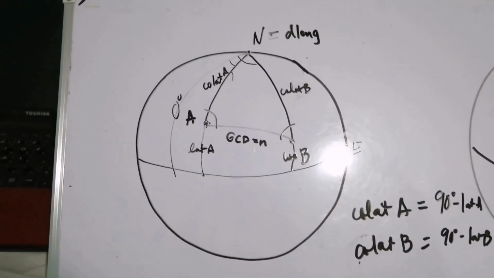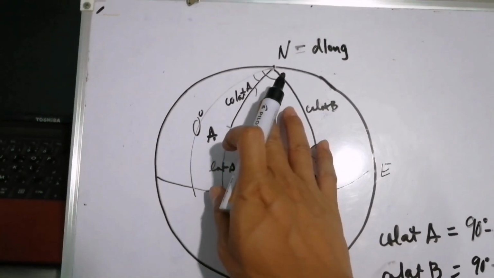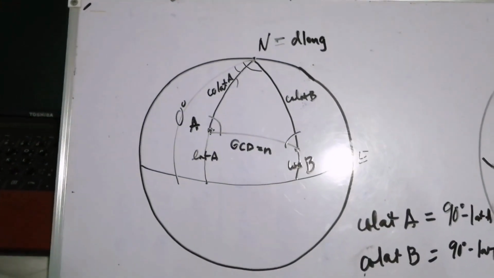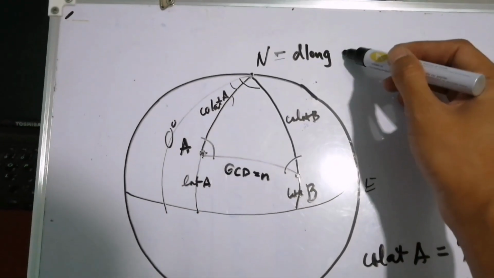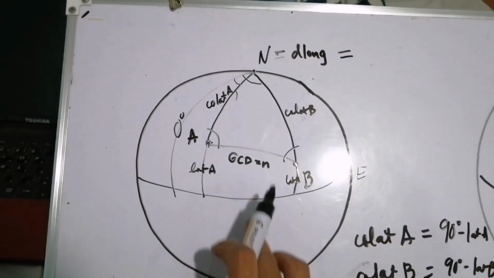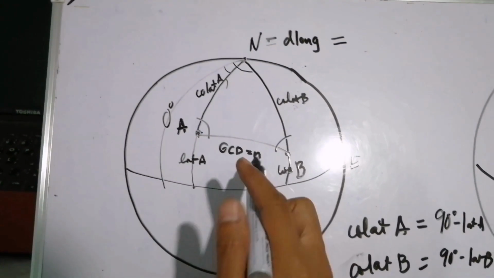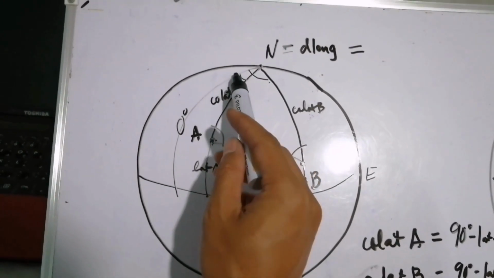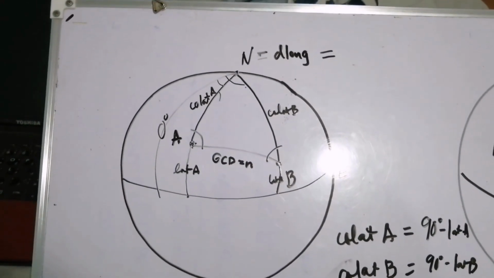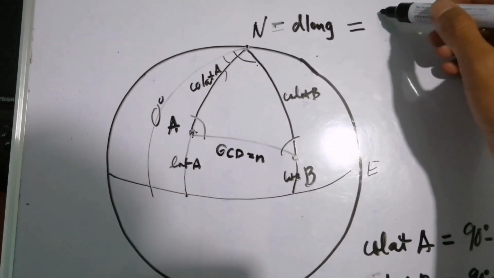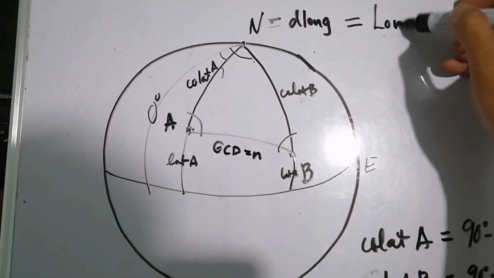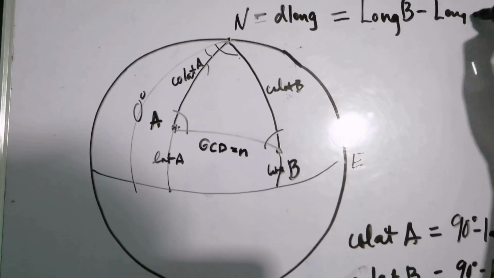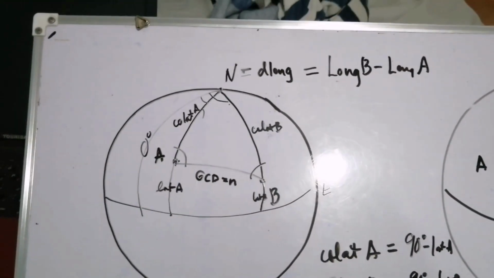The D-long here is literally the difference of the longitudes of A and B. To find your D-long, angle N, since the longitude of B is bigger than the longitude of A, all you have to do is subtract longitude of B minus longitude of A, so you will have the difference of the longitude.